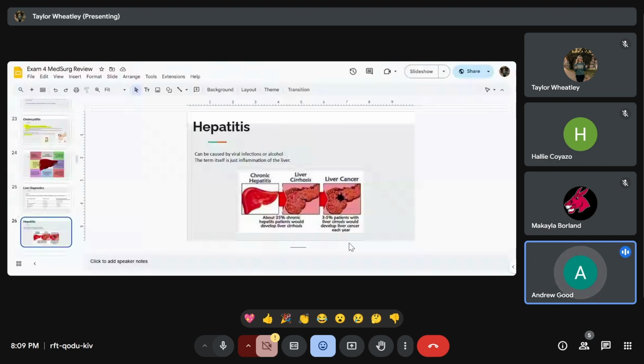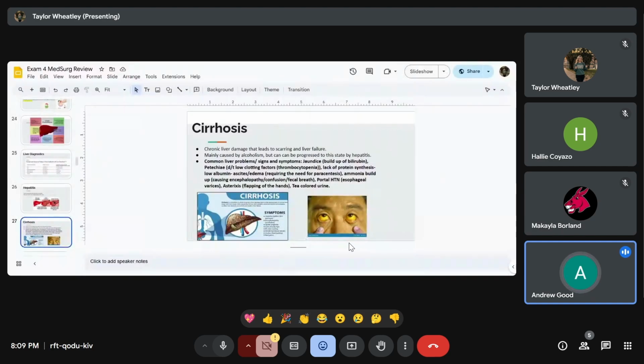Or, more or less, the cirrhosis will lead to liver failure, needing a transplant. So, cirrhosis: chronic liver damage leading to scarring and liver failure. Mainly caused by alcoholism, but it can progress from hepatitis, like viral hepatitis.